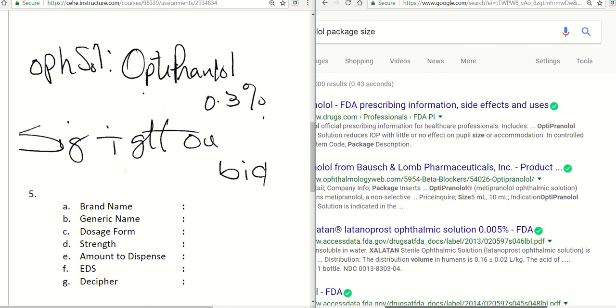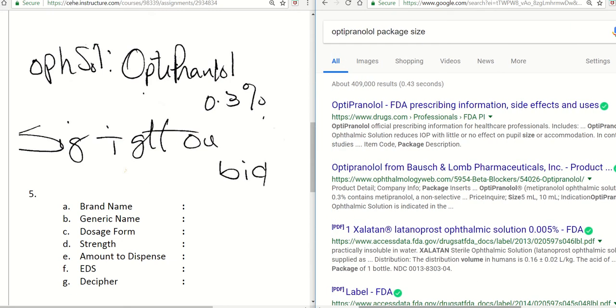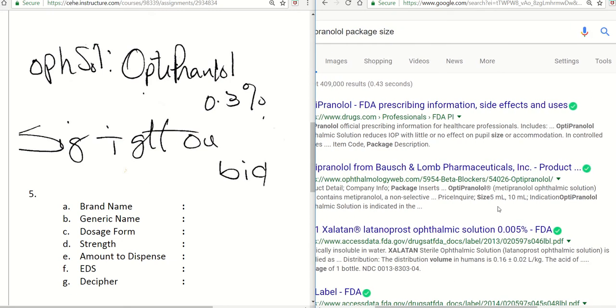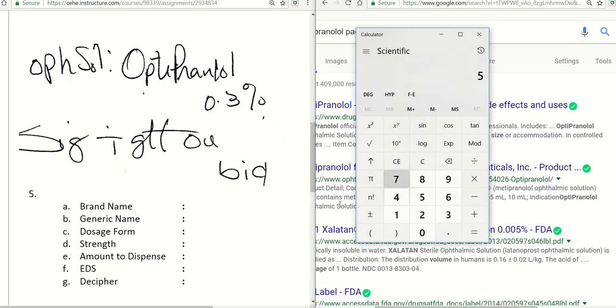I'm gonna be horrible at deciphering. 5 mLs or 10 mLs. So let's just give them the 5 mLs. Yeah, let's give them just 5. All right, so 20 drops per ml. If we gave them 5 ml, so for the amount to dispense, you'll put 5 mLs times 20 drops per ml. So we gave them 100 drops.